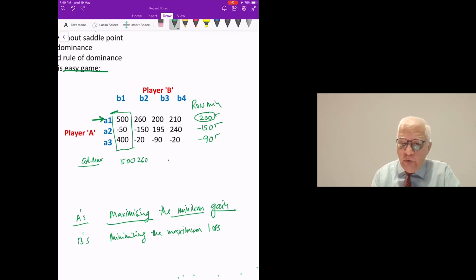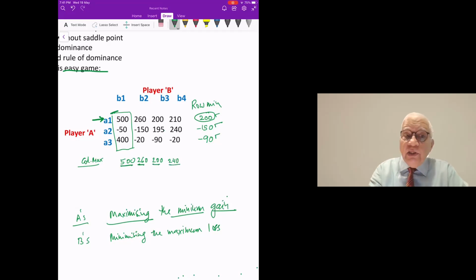The three numbers are 200, 195 and minus 90. So the maximum is 200. Therefore, the maximum loss would be 200 if I play strategy B3. And if I play strategy B4, the maximum number in column B4 is 240. So what are the numbers? 500, 260, 200 and 240.